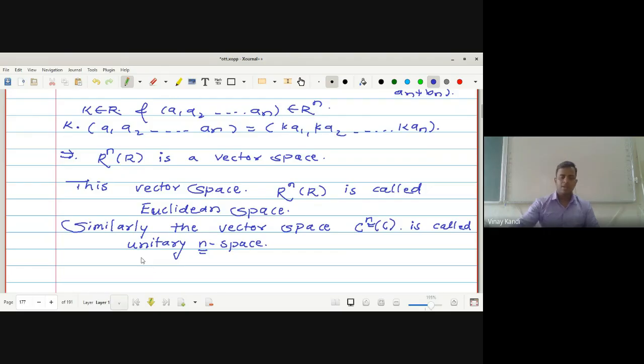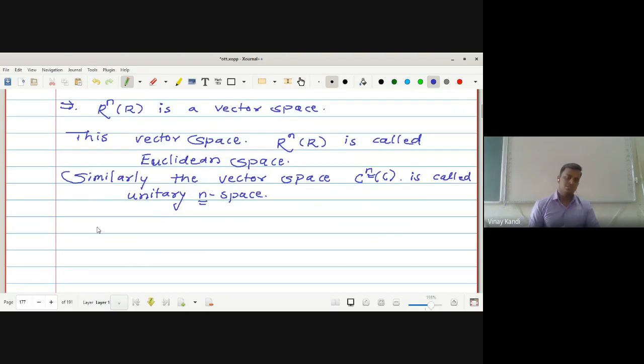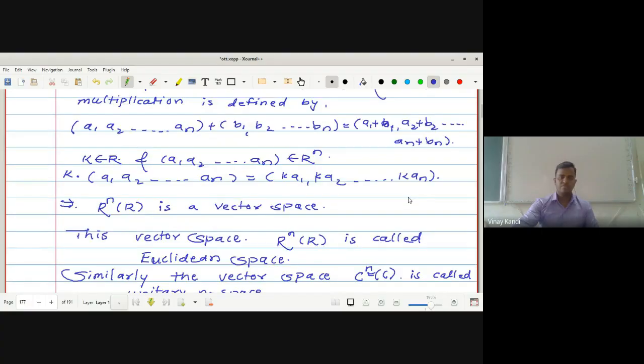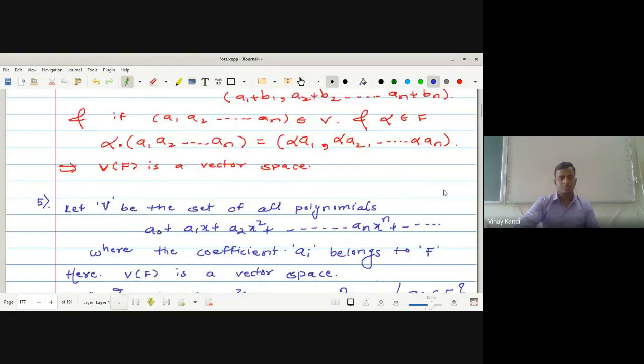The set Cn is equal to A1, A2 up to so on An, where each Ai belongs to the set of complex numbers. Any doubt up to here? No, sir. Okay, so these are some examples of vector spaces.